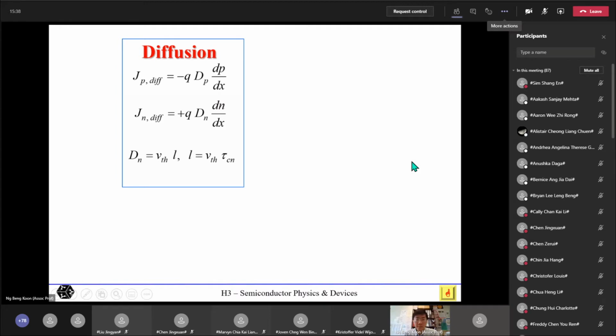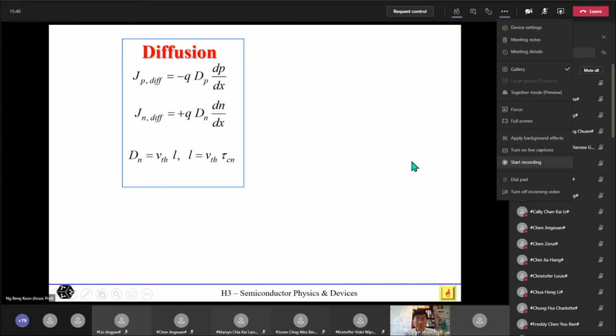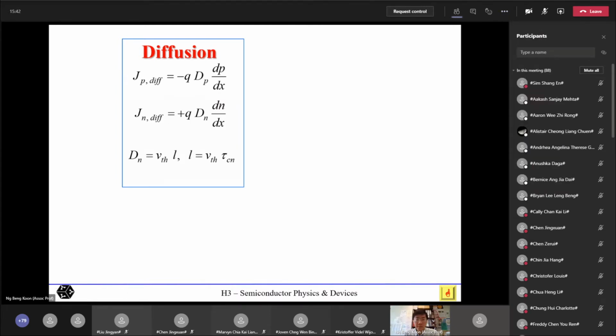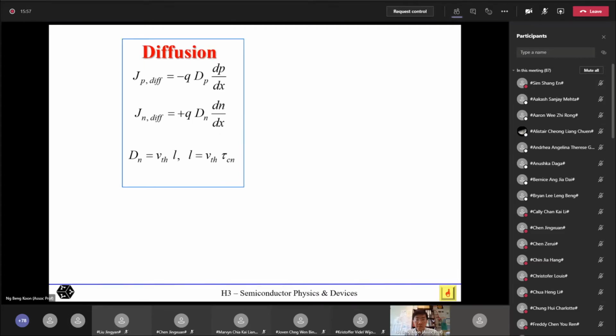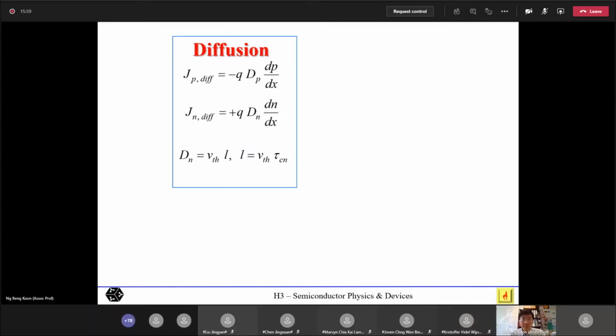Okay, so just a quick recap on what we discussed in the last lecture. We moved on and talked about the other transport mechanism, which is the diffusion process, and this results from a concentration difference in your semiconductor.